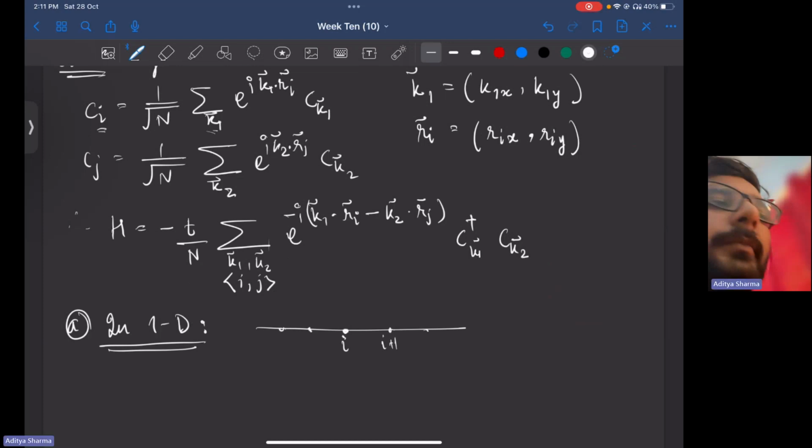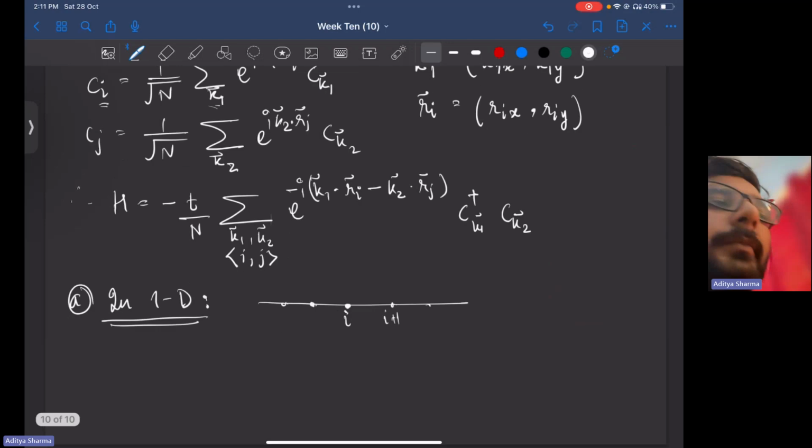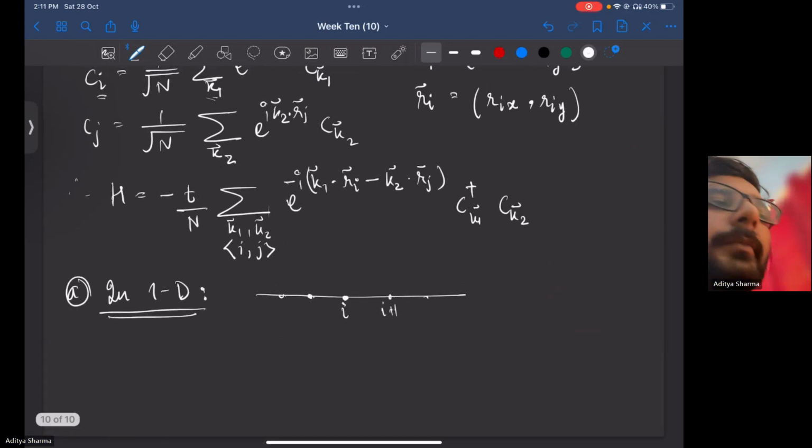I will consider only i plus 1 because when we consider the i minus 1 particle, we have already considered the i minus 1 and i interaction. All right. So we are going to put j equal to i plus 1, and every interaction is going to come twice. If you have this interaction, you have the other interaction which comes from the Hermitian conjugate.